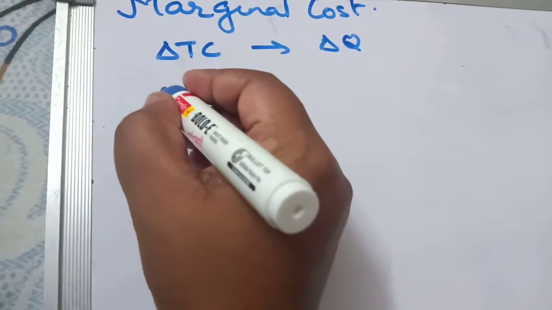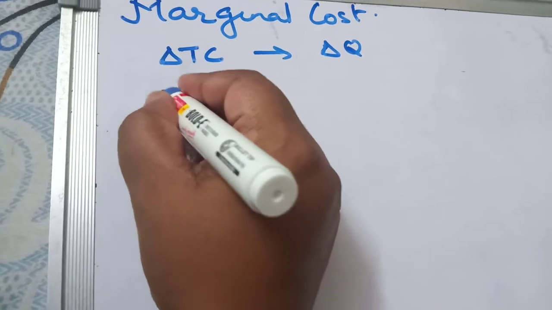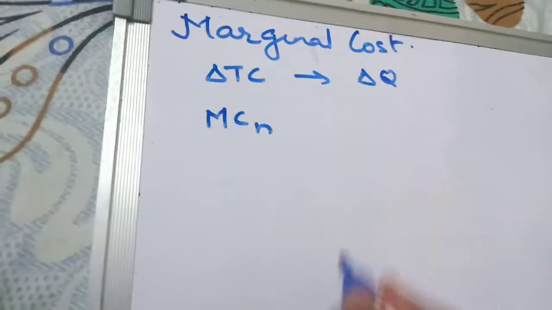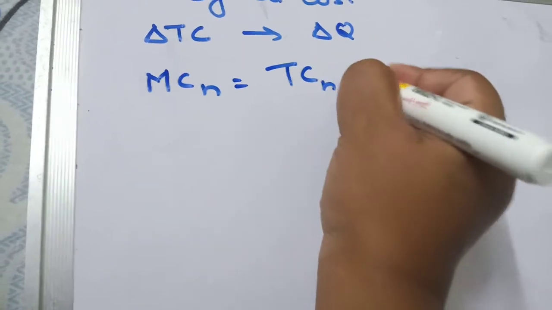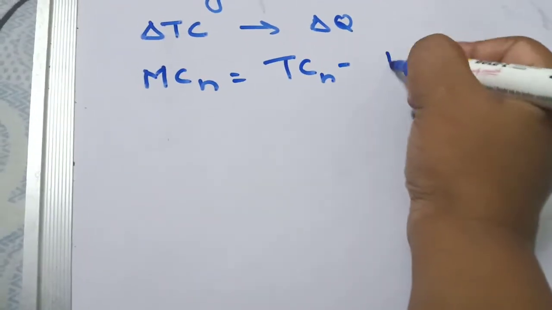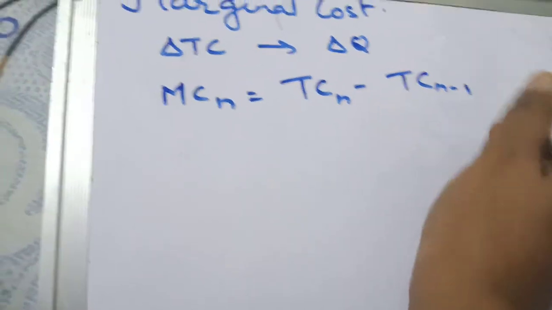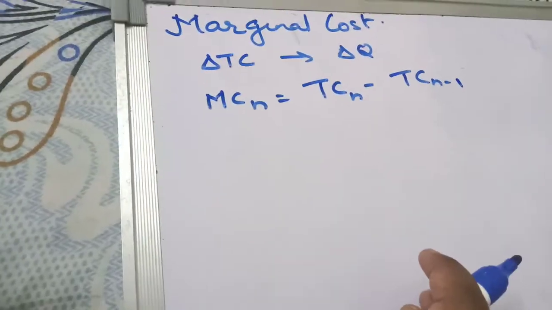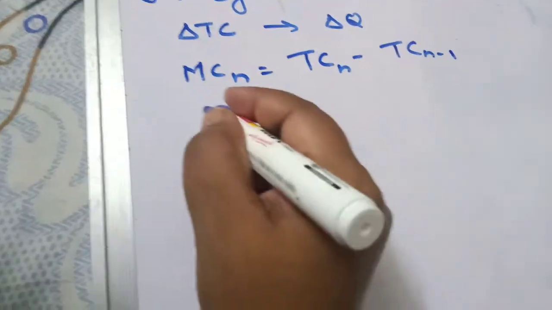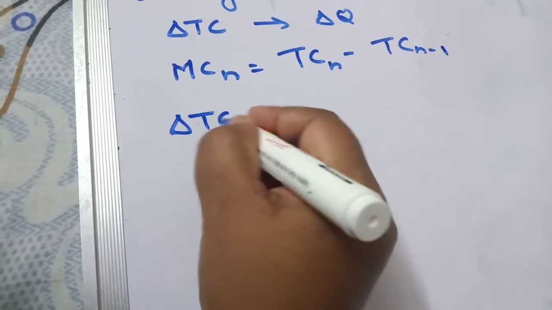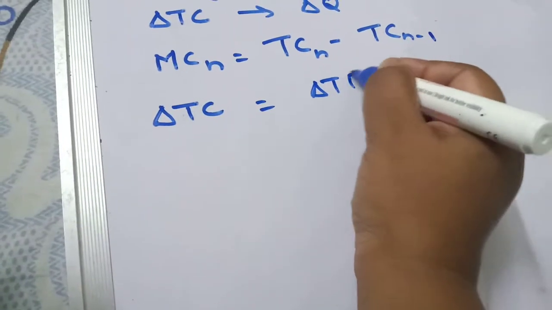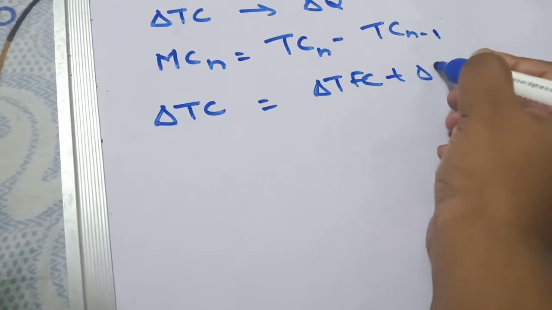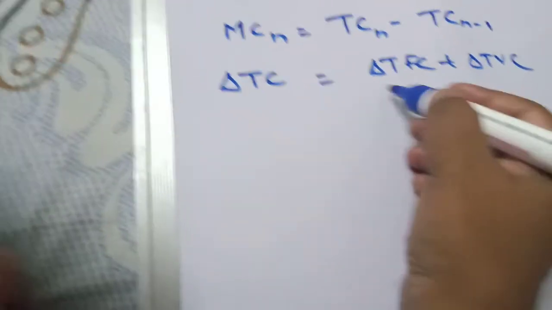So MC at the nth unit is TC of the nth unit minus TC of the (n minus 1)th unit. Change in total cost, which is basically your MC, will happen because of change in total fixed cost plus change in total variable cost, but TFC never changes.